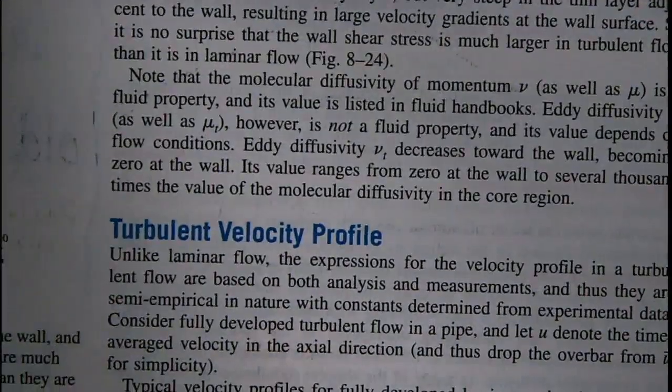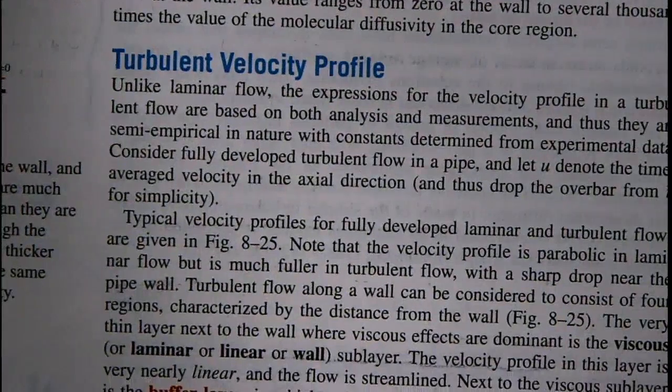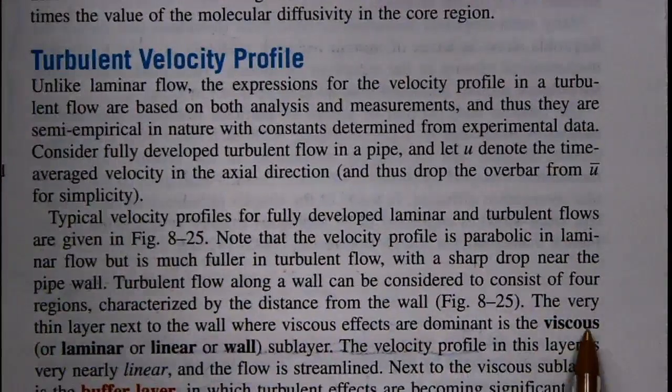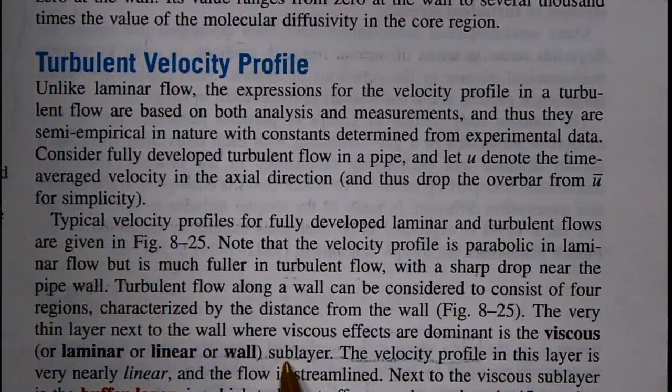Turbulent velocity profile. They break up the turbulent velocity profile into what they call the viscous sublayer. The viscous sublayer is not, first, there's not a layer, number one. Number two, it's not viscous.